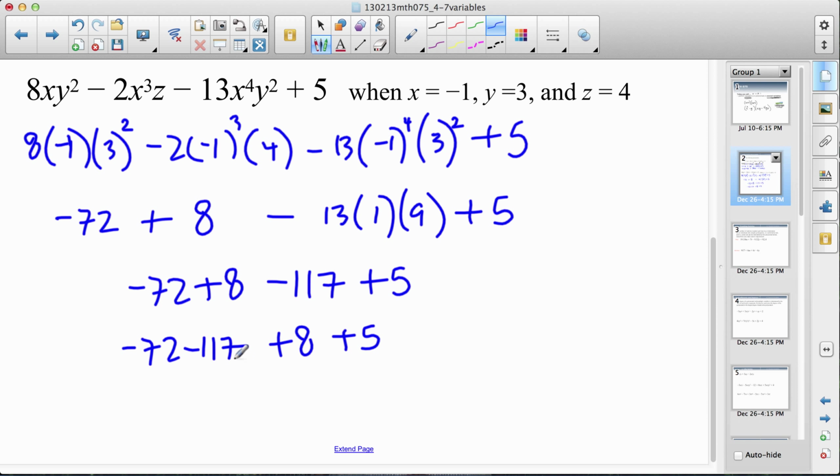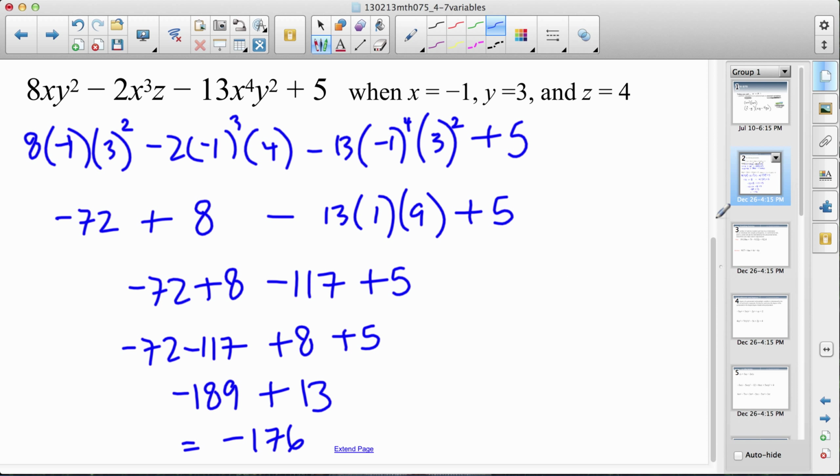So that would be negative 189, plus the positive stuff is 13. So altogether, I'm hoping you get negative 176. That would be the answer for this one. Hopefully that's what you got. I might have made a mistake in there somewhere. There's lots of stuff that could go wrong, but I think that's pretty close.